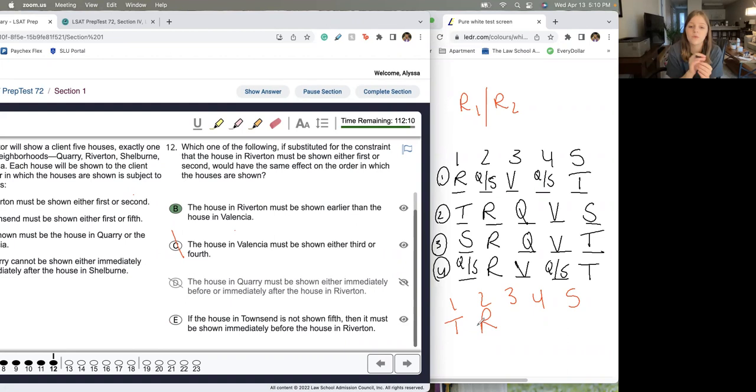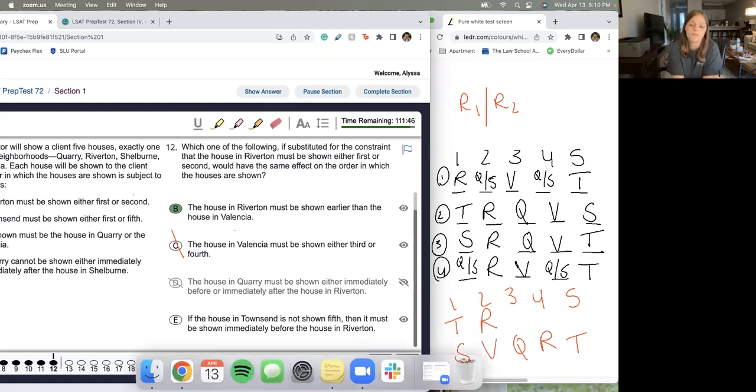And even if we said T is shown in the 5th spot, which would be the other option for T, because our if rules don't have to apply, the rule just wouldn't apply. We can still violate our original rule, because we can still have R be in, let's say 4, we have Q in 3, S in 1, V in 2.